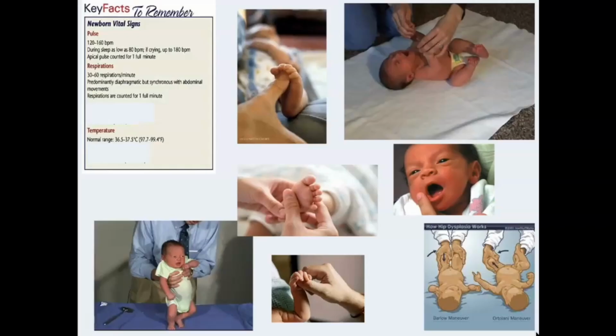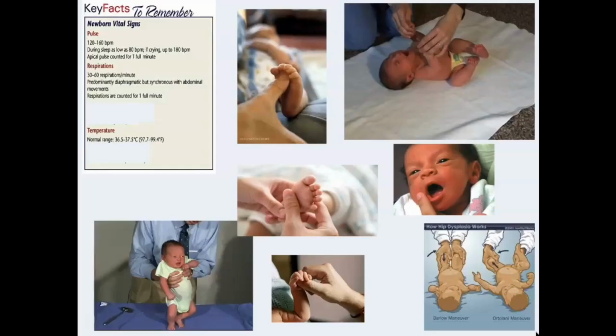The reason why you count respirations for 1 full minute is, remember that a newborn's respiratory rate is irregular, meaning that they can breathe very quickly over a few seconds, and then they slow or sometimes have apnea for a few seconds before they start breathing again. So they don't breathe regularly on a normal pattern, and that's why you want to check for 1 full minute.